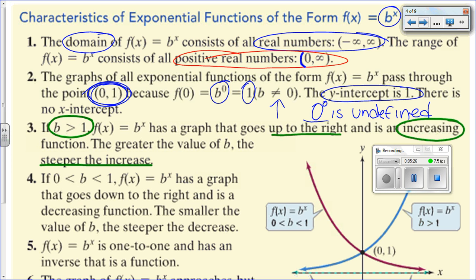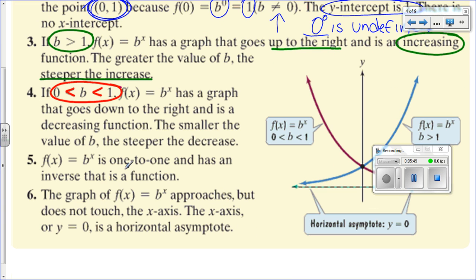Now let's look at number 4, and number 4 says that if the base is less than 1, so we're talking about fractions that are greater than 0, b is still positive because it's greater than 0, but it's less than 1. When that happens, the graph is going to go down to the right, or we may say it's a decreasing function.